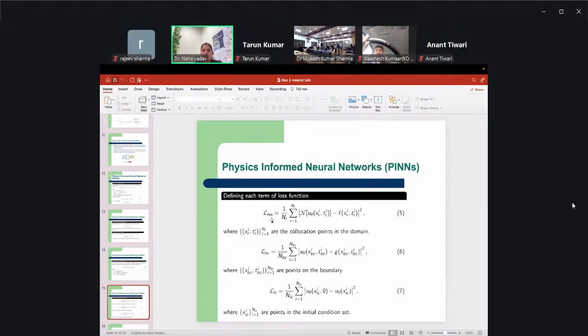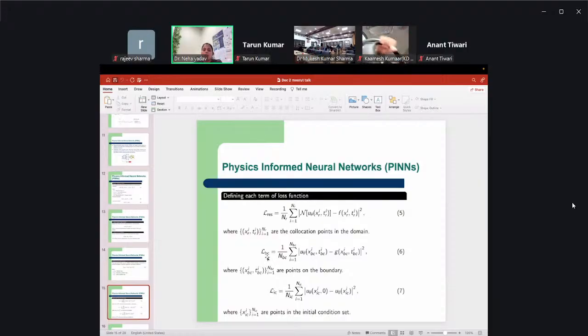So this is the residual PDE loss, which is 1 upon N_R. So, N_R is the set of points: we have a domain, and we generate collocation points within the domain, which we represent with N_R. So, the PDE residual is represented with 1 upon N_R, the sum of N minus f at a set of collocation points x_i and t_i.